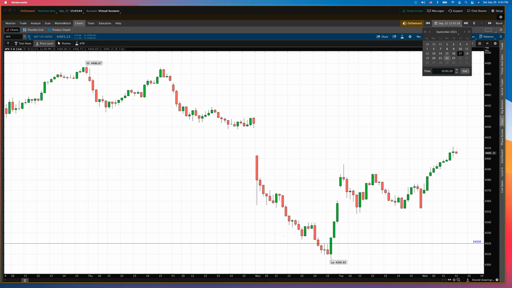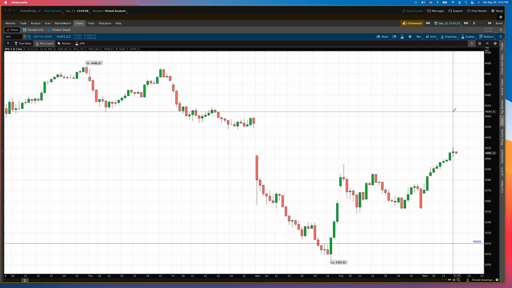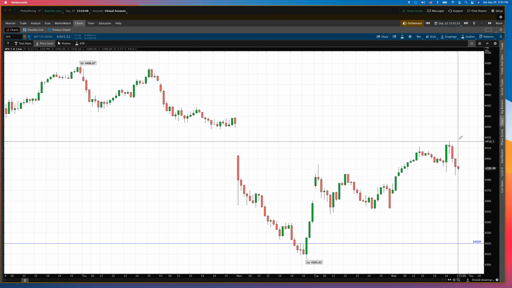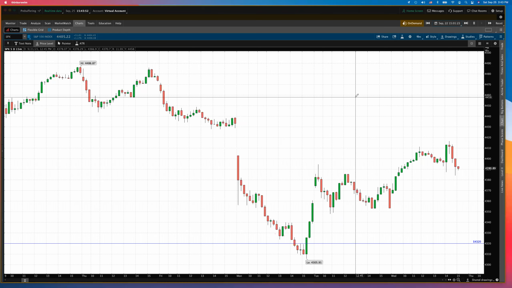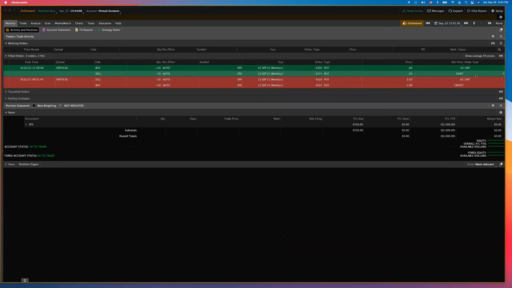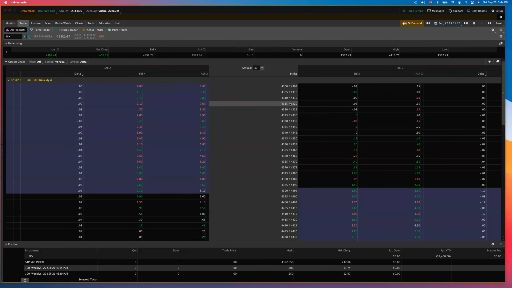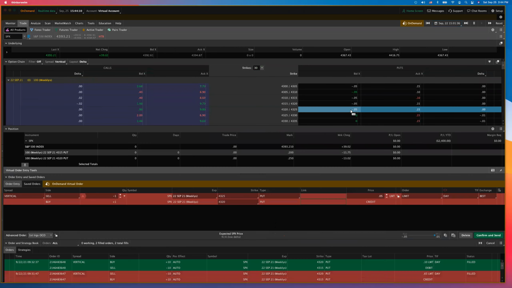So 3 o'clock on the same day. Just want to see what we're looking at. So 43.90. Waiting for the data here to come in. All right, we're done. And I want to see what the price here of 43.20, 43.15 is. It is now worth negative.